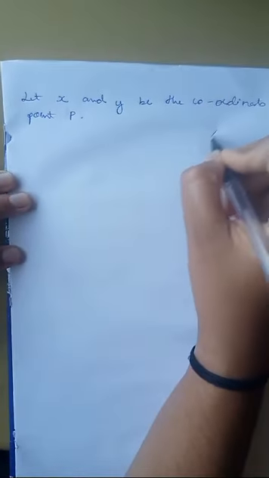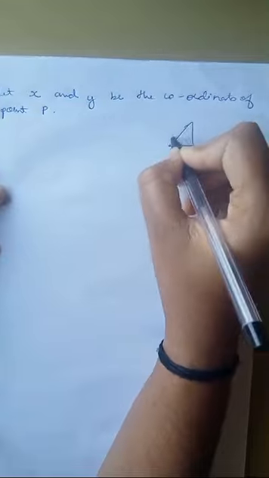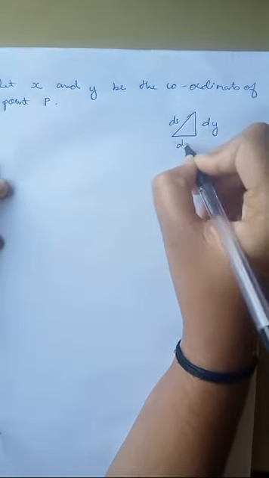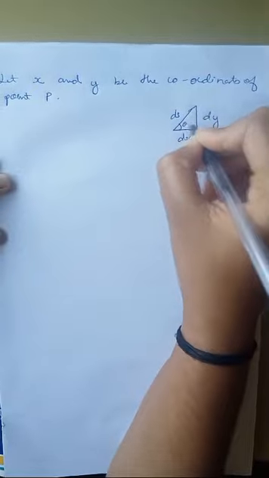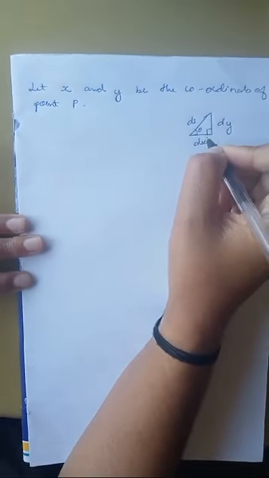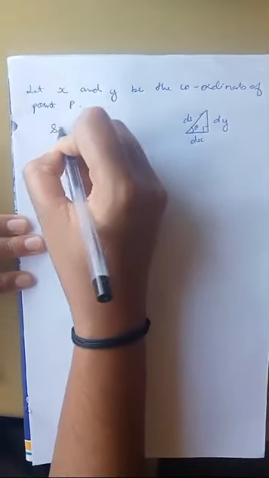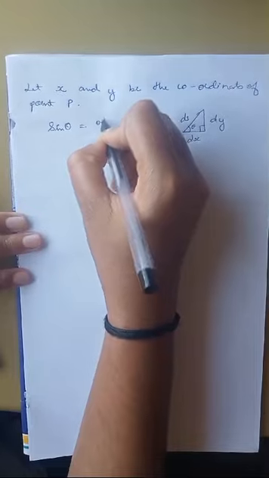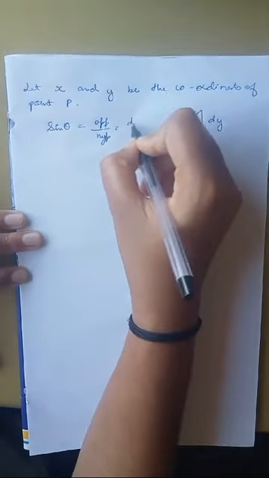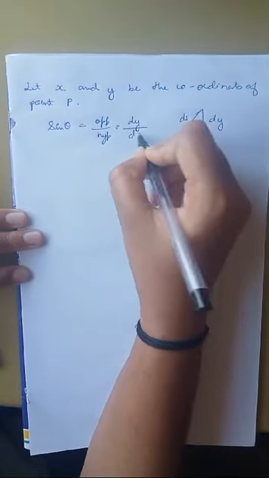So let us consider this triangle with sides ds, dy and dx, and this is the angle theta, and this is a right angle triangle. From this triangle we will do some trigonometry. Sin theta is equal to opposite by hypotenuse. What is opposite here? dy, and hypotenuse is ds.